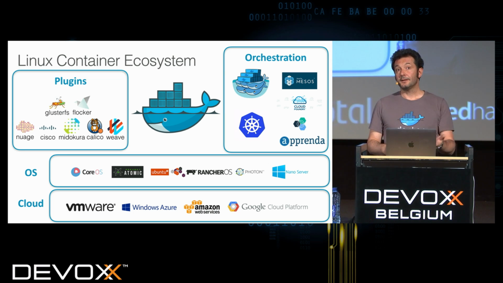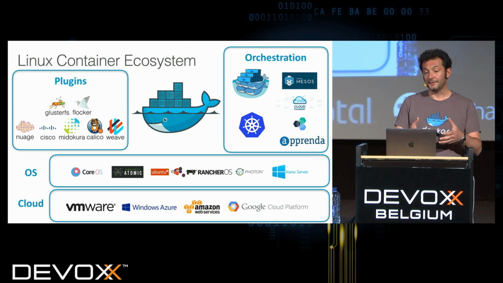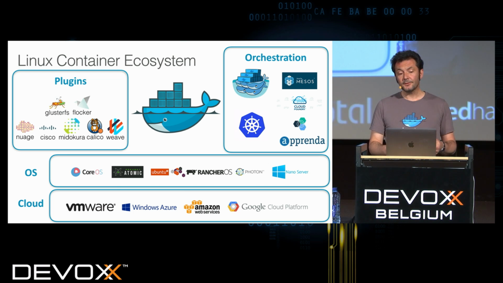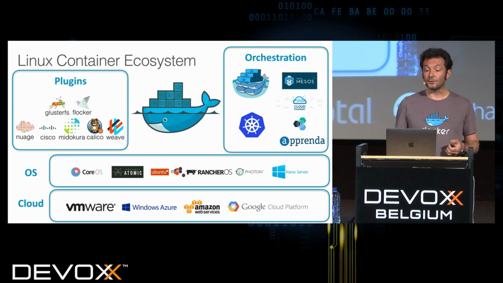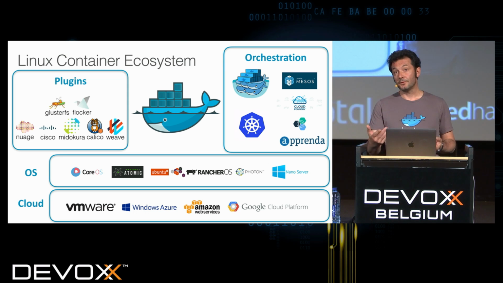So CoreOS started this trend with their reduced operating system. And then very quickly, Red Hat followed suit with Atomic, then Ubuntu with Ubuntu Core, and then VMware with Photon.